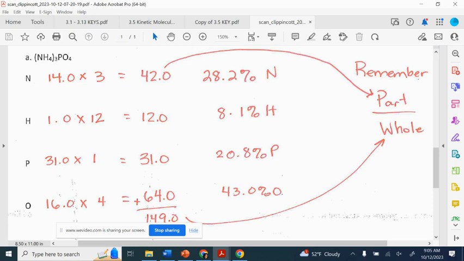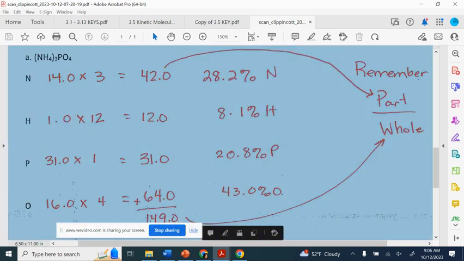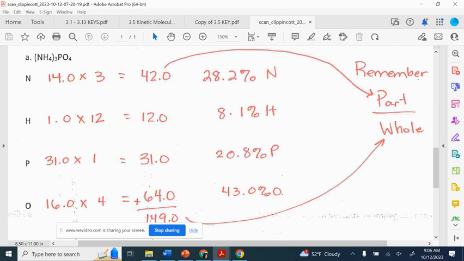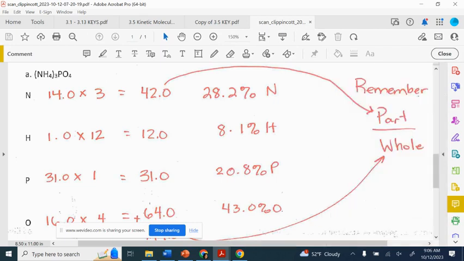Then I add that column up to get my whole. And then for each one of these, I do part divided by the whole. That's how I get my percentages. I usually go to the tenths place for my percentages. And you also multiply by 100. I do that so automatically that I don't even think to include it. So part divided by the whole, times 100.